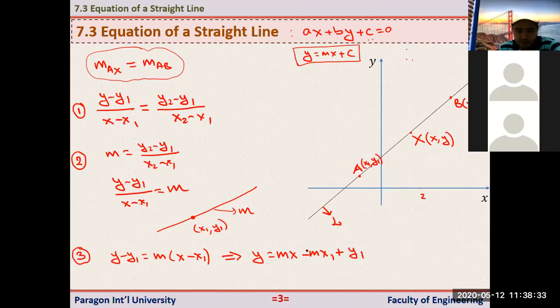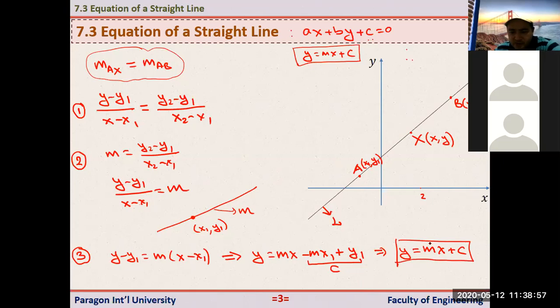Here m is a given number, x1 is a given number, y1 is a given number, and evaluating and simplifying all together gives us a given number. Let me label this with c. Then our equation becomes y equals mx plus c. And this is the gradient form of the equation of a straight line.